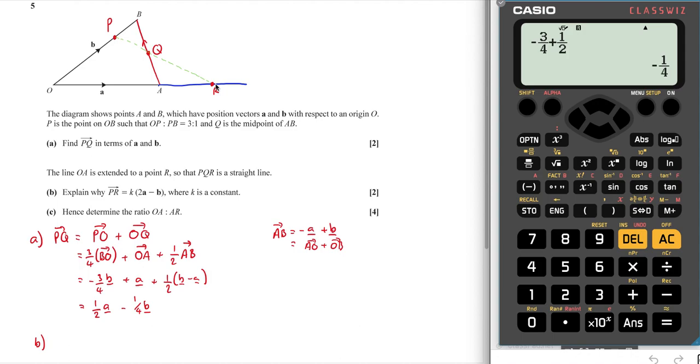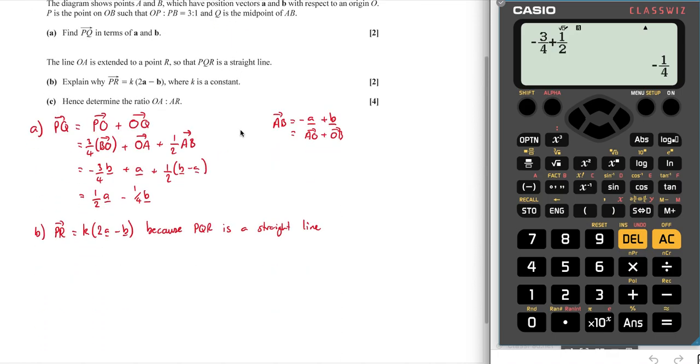So explain why P to R has to be this. P to R equals k lots of 2A minus B, because PQR is a straight line, and then this means that P to Q and Q to R are collinear.